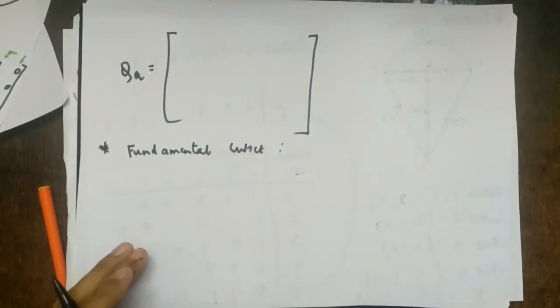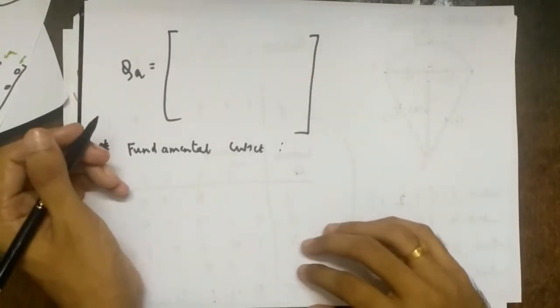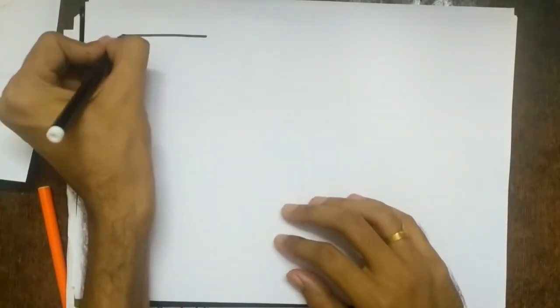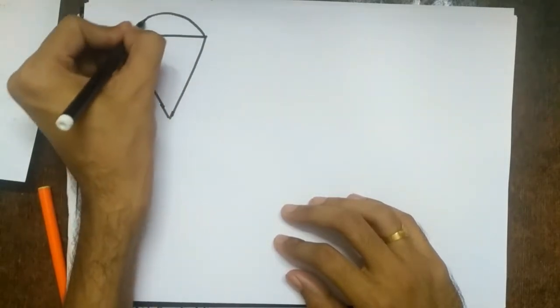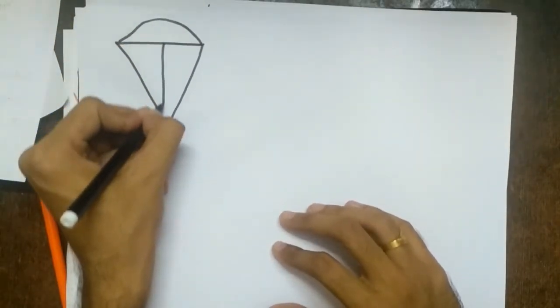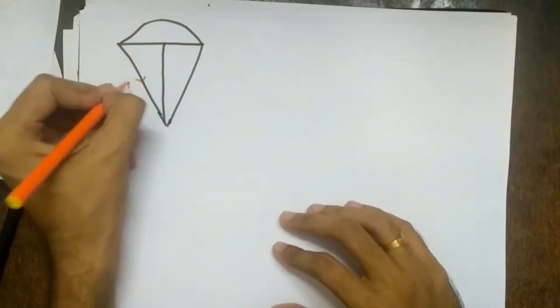So how to draw this? So again what we do is the same thing as tie set matrix. So how to find the F cut set matrix? So I'll take a new page. So again let's take a standard graph which we are usually taking. So this is my graph. So this is what? Unconnected graph.